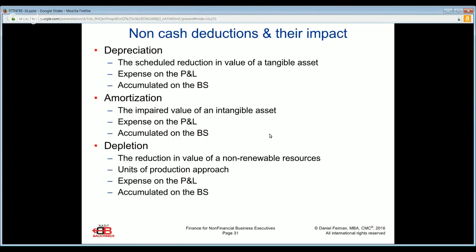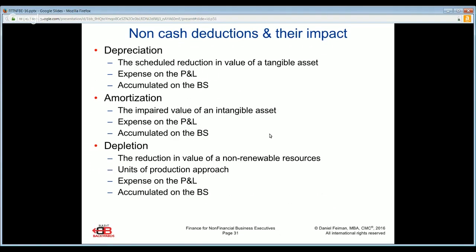After we've acquired the asset, each year, we must have an independent validation that the intangible asset, again, like a trademark or a customer list, has or has not lost any value. If it has, that amount is expensed on the income statement and accumulated on the balance sheet against that intangible asset.